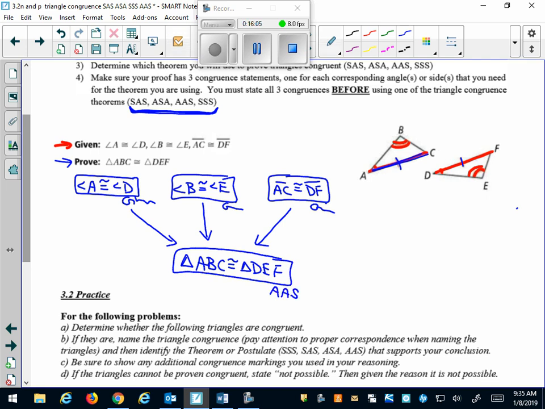You could just write AAS. So, like I said, this is a short, basic proof, but you see that every time you prove triangles are congruent, there are always going to be three arrows pointing to that box.